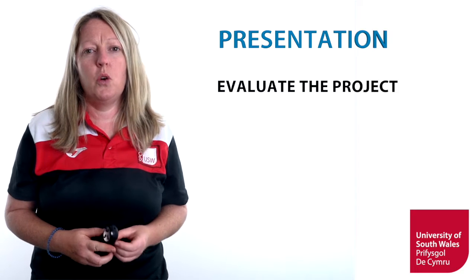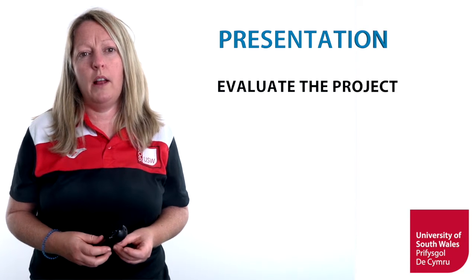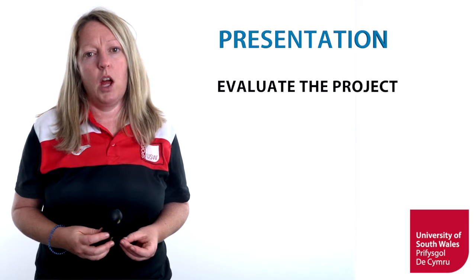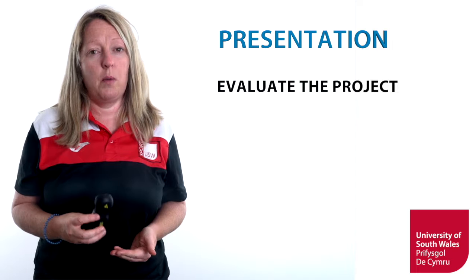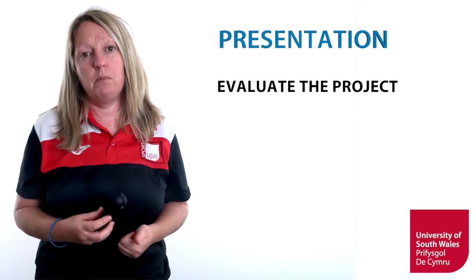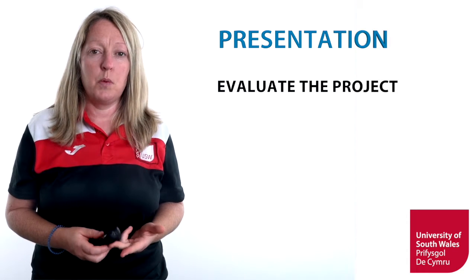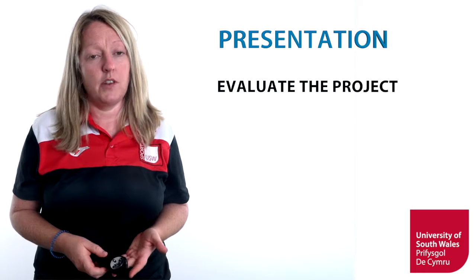The presentation should also evaluate the project. So what went well, what needs improving, and should link back to literature, policy and strategy, and should provide appropriate references to relevant models, principles and concepts to provide evidence of the intervention.